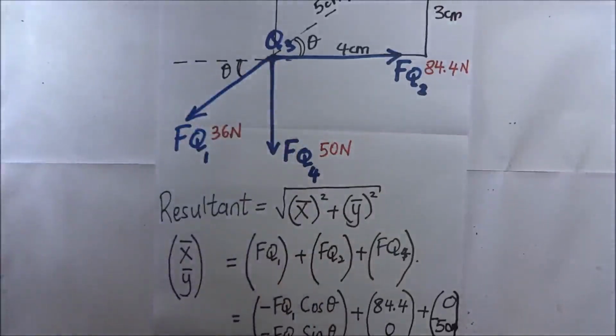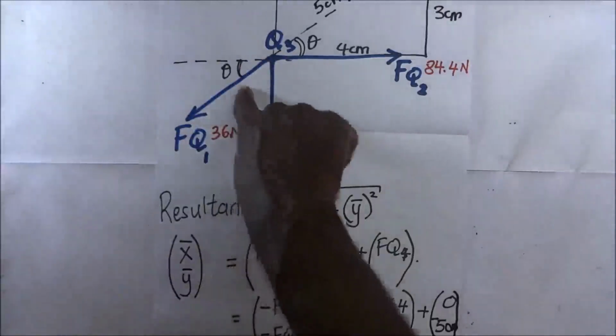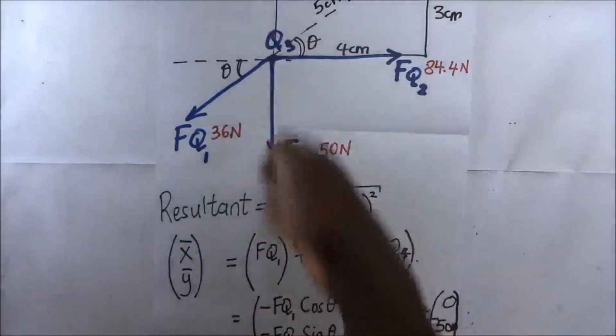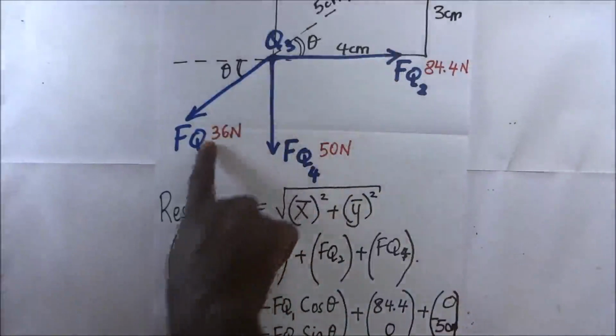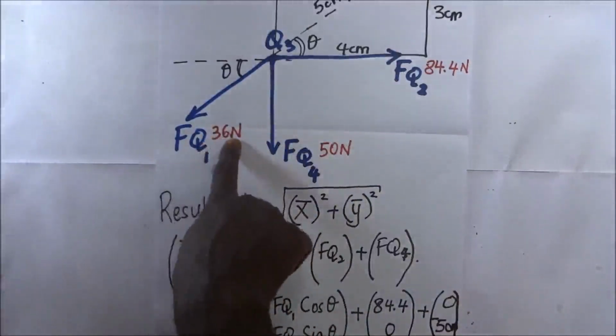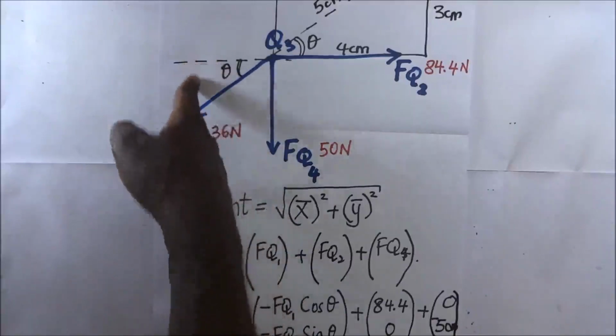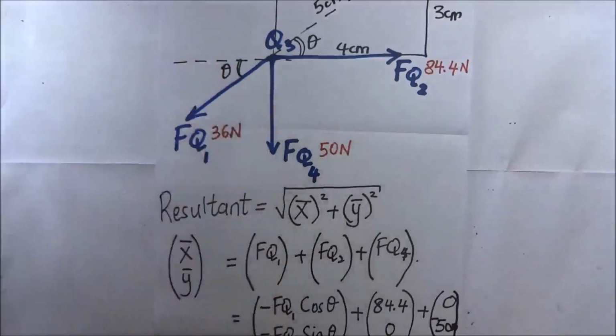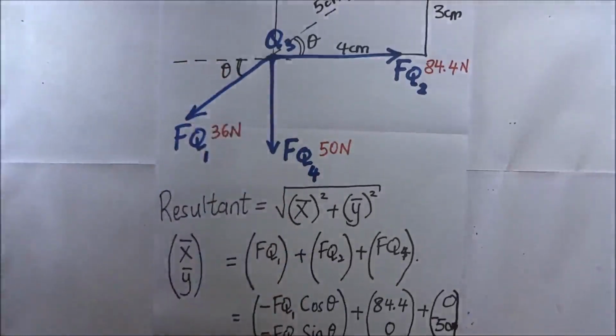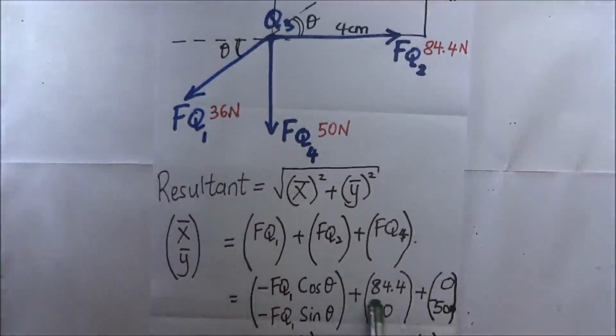Resolving it in the y direction, we are resolving it along this direction. It is negative, and so it's going to be FQ1, that is 36, times the sine of this angle to get the component in the y direction. Then this is going to be plus FQ2.